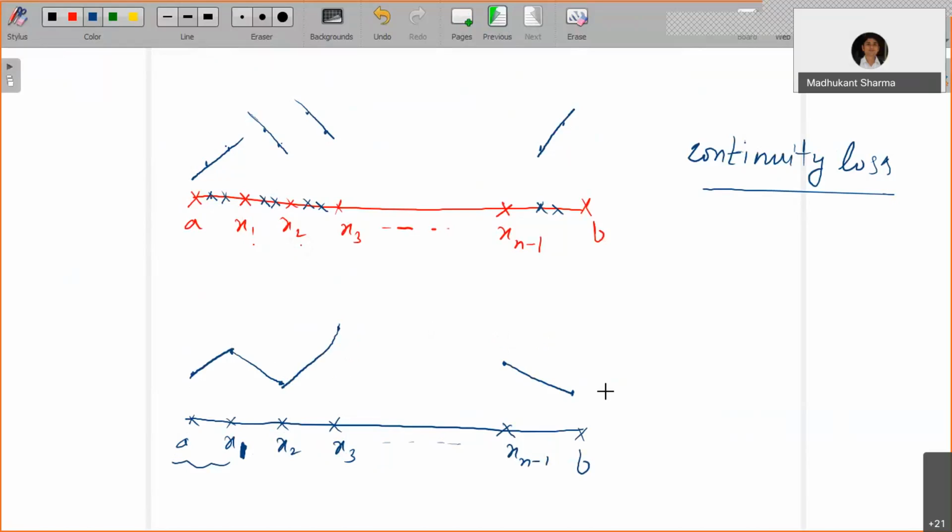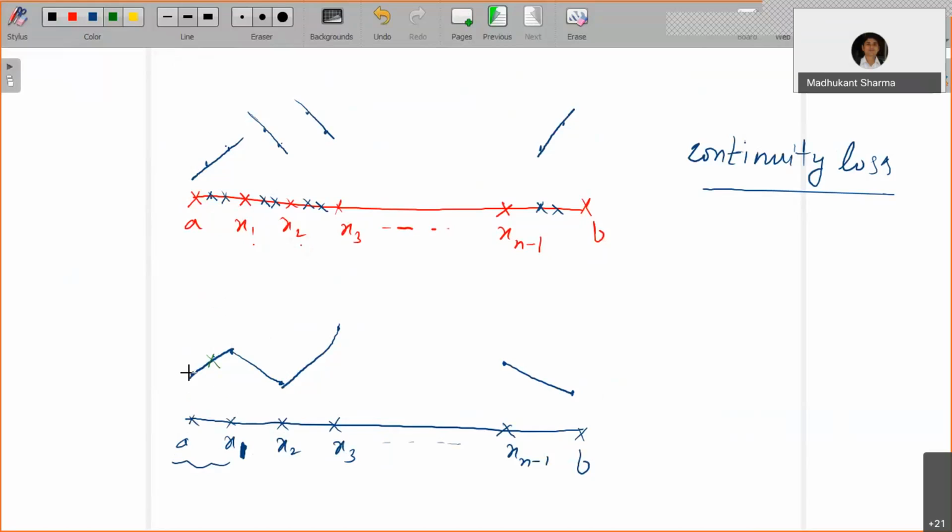So earlier, when you have the higher degree interpolating polynomial, they are C infinity functions, meaning you can differentiate as many times as you wish. But here, when you talk about any interior point of x0 to x1, it is infinitely differentiable.